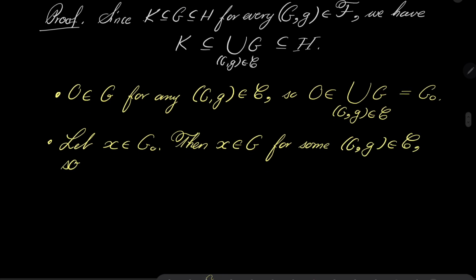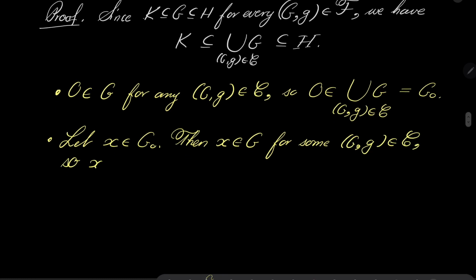So, which means that X inverse is also in G, because G is a subgroup, so it is also in our entire union of groups.